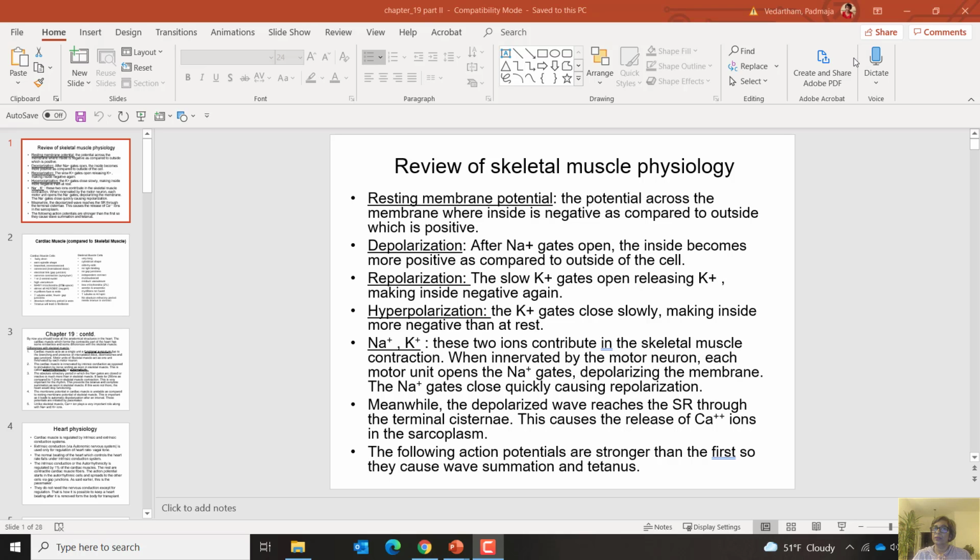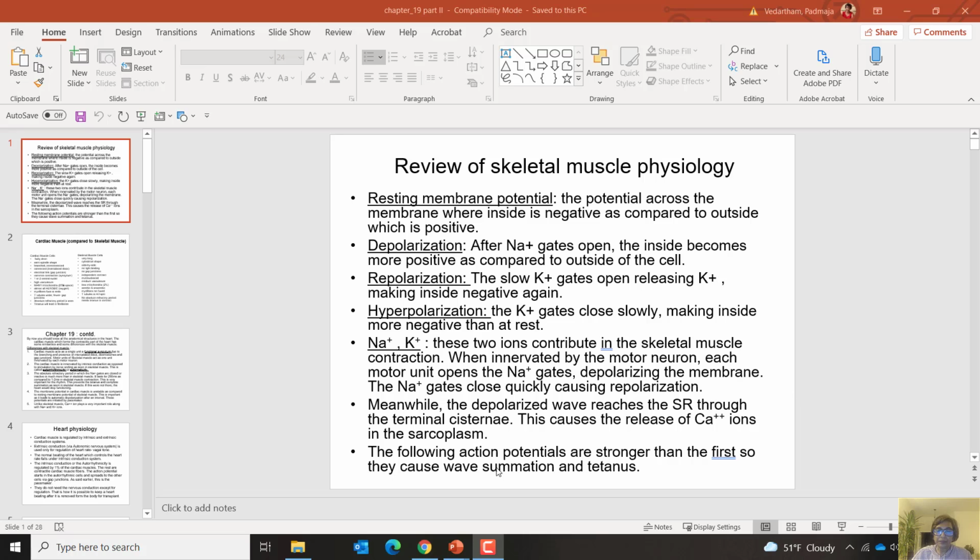All those events are the same here as well, because we have the striations that we see in skeletal muscle. So we are not going to go into those details because you already know it. Here we are going to talk about something a little different. Do remember the skeletal muscles are voluntary and cardiac muscles are involuntary. So that's a big difference right there.